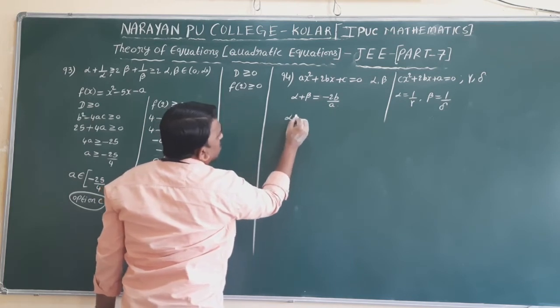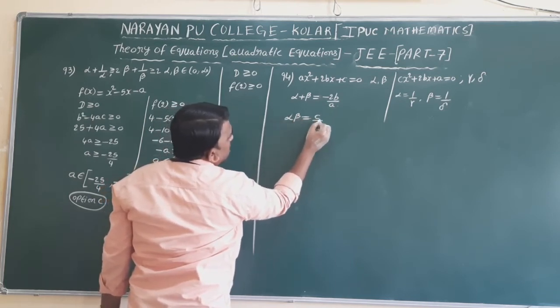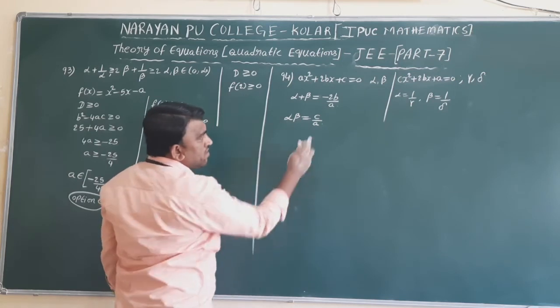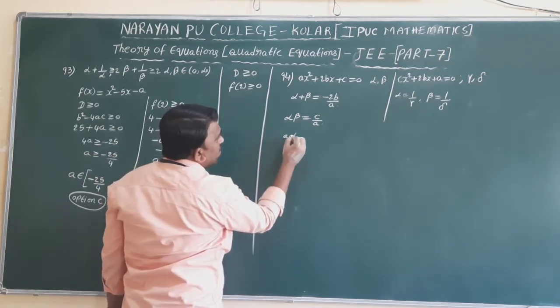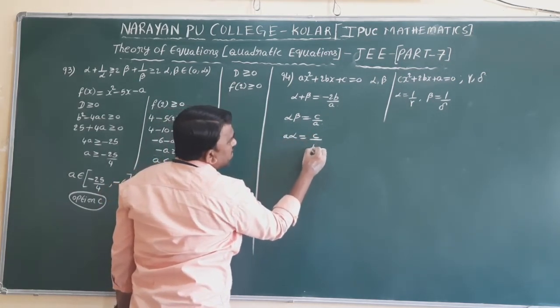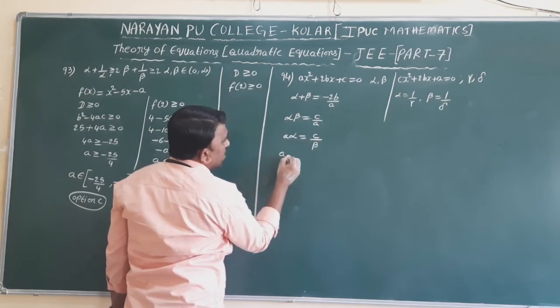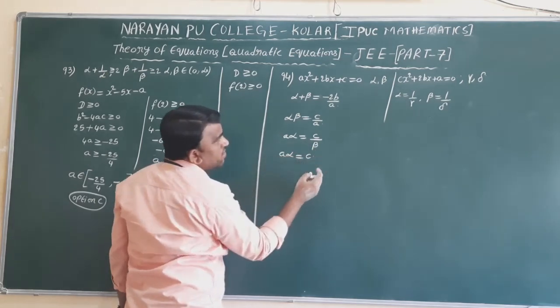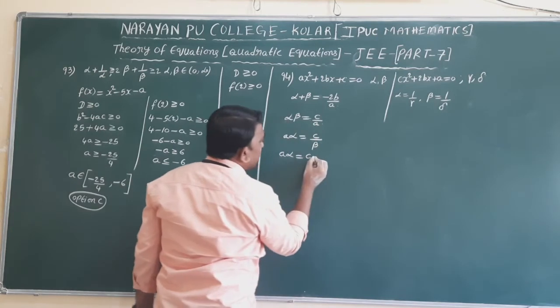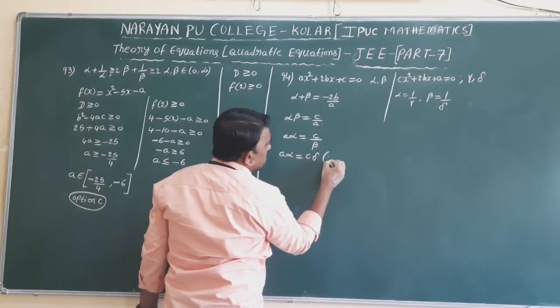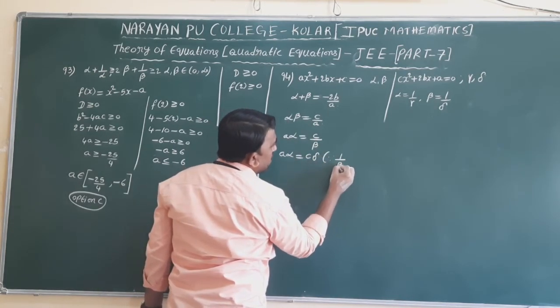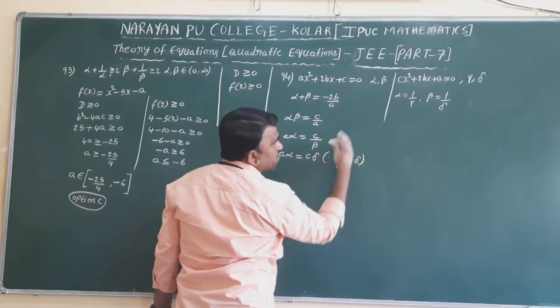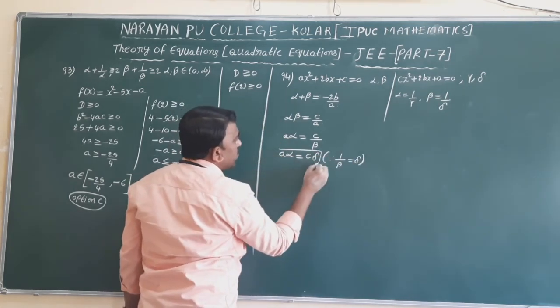Product of the roots is c by a. So a alpha times... a alpha equal to c into 1 by beta, what can we write? Delta, since 1 by beta equal to delta from the roots. So this is one condition we got.